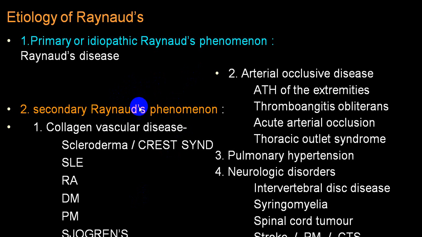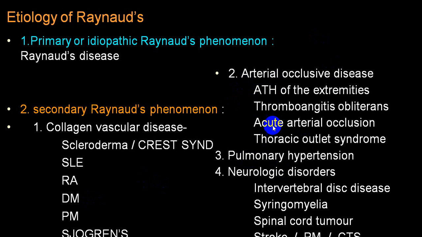While secondary is most commonly because of collagen disorders like scleroderma, CREST syndrome, SLE, RA, dermatomyositis, polymyositis, Sjogren's syndrome. This is not diabetes mellitus. You can have arterial occlusive disease like thromboangiitis obliterans, thoracic outlet syndrome.